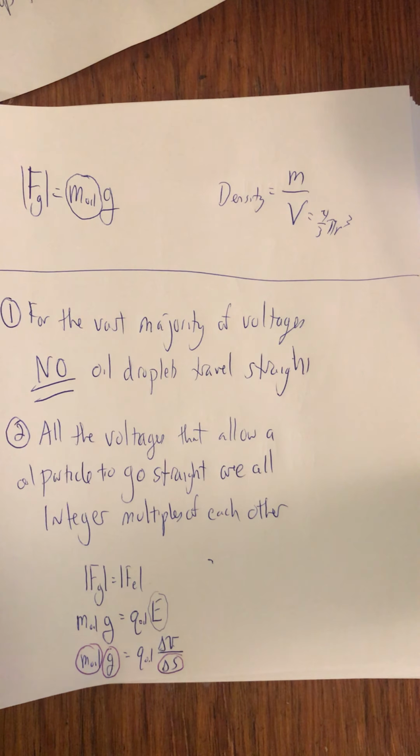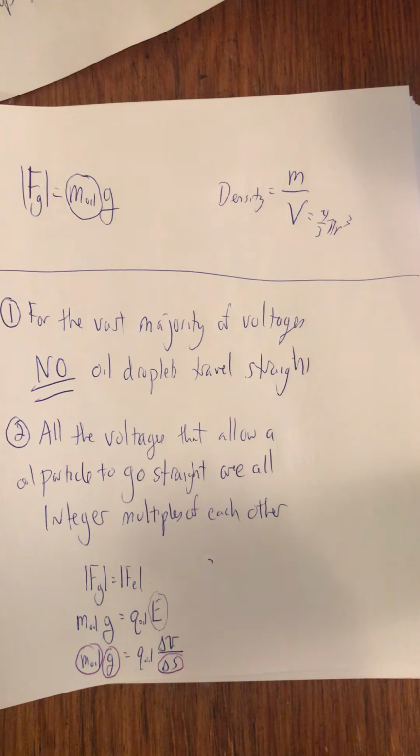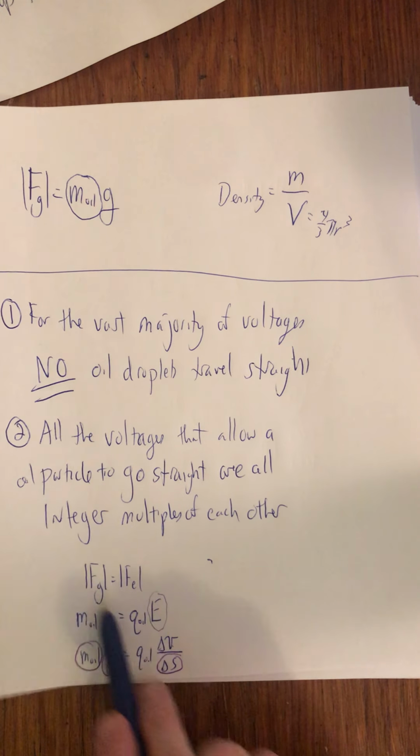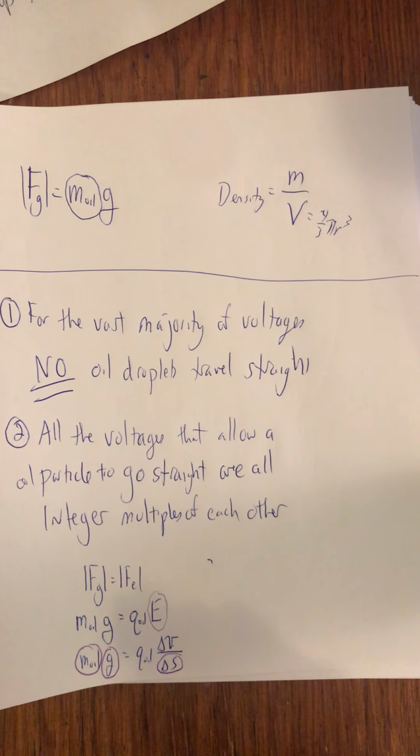So what are the conclusions? See if you can guess what the conclusion of Millikan's oil droplet experiment is. Okay, there are two, because there are two major results. The fact that this equality was only true at specific delta V's must mean that this equality only happens because Q is only occurring in specific values.